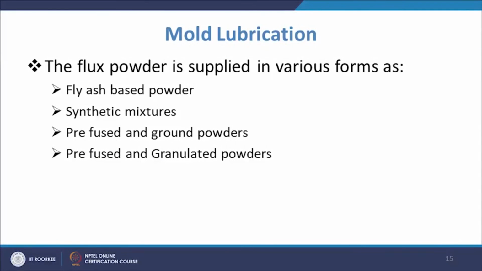That is another advantage of this mold lubrication mechanism, and we use it in different forms, like fly ash based powder, synthetic mixture, prefused and ground powders, and then granulated powders also. That way we give this mold lubrication.